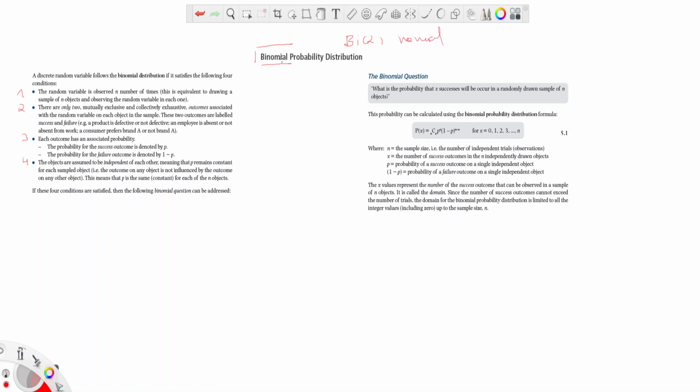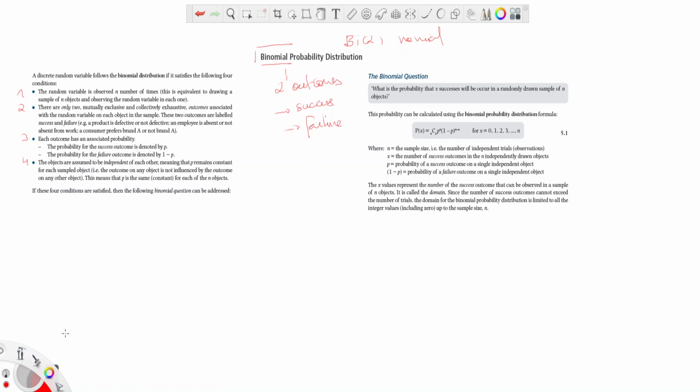So by definition, this probability works on 2 sets of outcomes. Nothing less, nothing more. One is going to be a success of a specific event, and the second one is going to be failure. So binomial, just remember bi, 2. You either have success or you have failure.